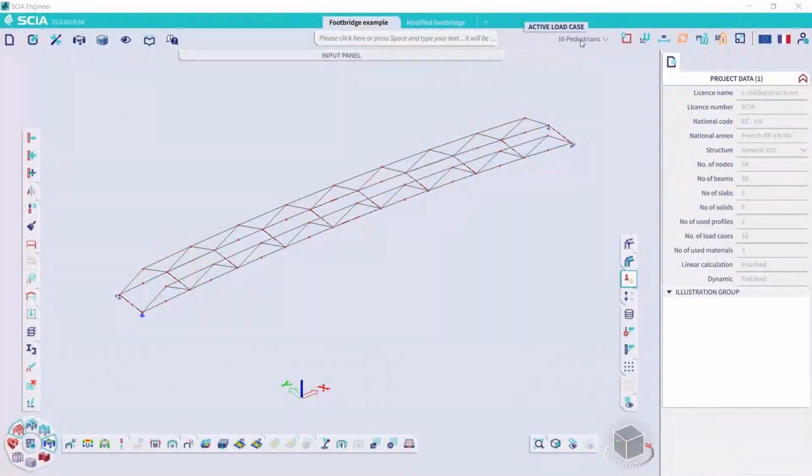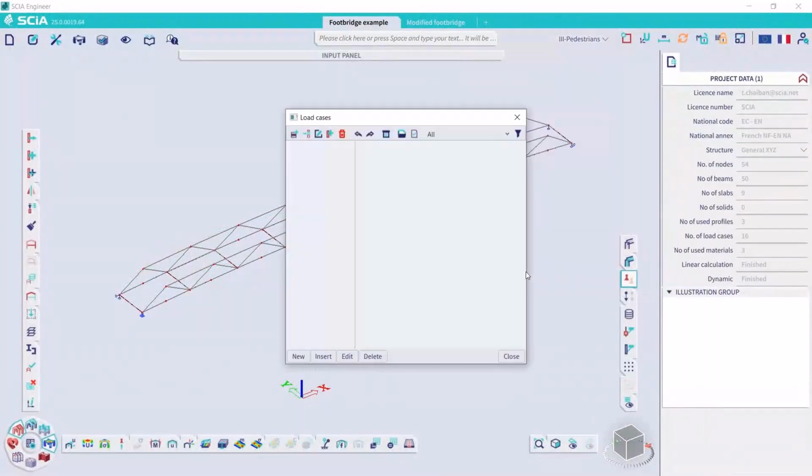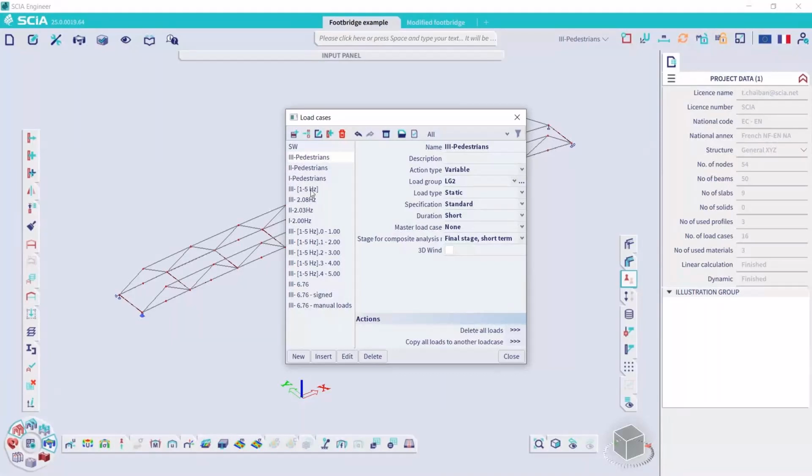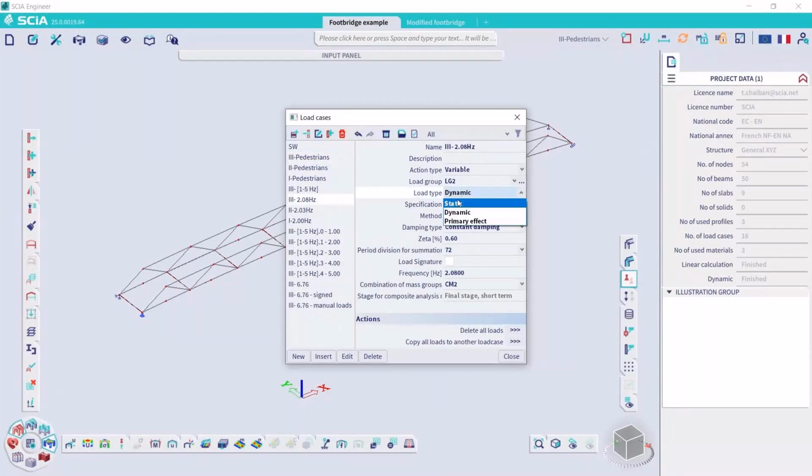So we have created a new load case at 2.08 Hertz. Basically, you define the load case as being of dynamic type, then the specification is harmonic. In our example, we chose the modal superposition method. And the damping is constant with a value of 0.6% as mentioned in the technical guideline.